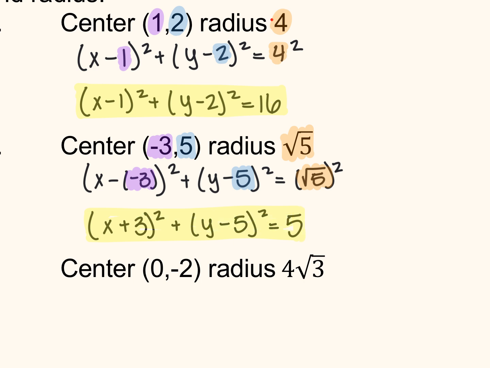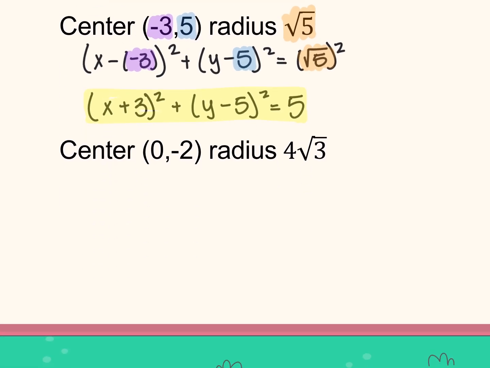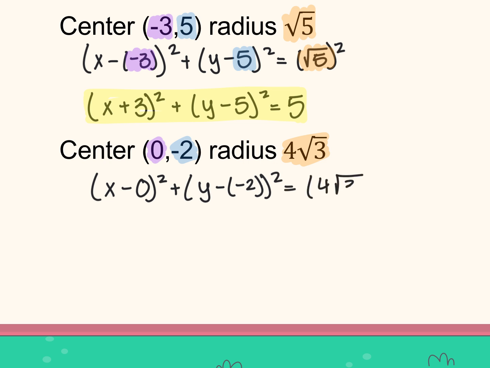Questions on that one? Again, super important that you pay attention to your signs, your positive and negative signs. Looking at the last one, doing the same thing. Here is my h, here is my k, here is my radius, plugging it in. x minus 0 squared plus y minus negative 2 squared equals 4 times the square root of 3, and everything is being squared.